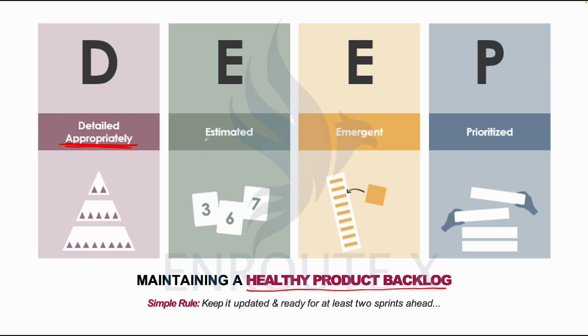Then the E is estimation. We want to have an idea how long it will take to complete that task. At the product owner level, it could have some understanding of how long that task should take.